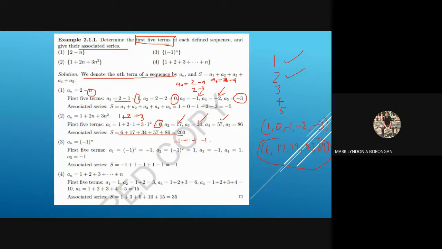Lastly, a sub 5, multiply by negative 1, the pairs are positive, and one negative is left, so a sub 5 is negative.